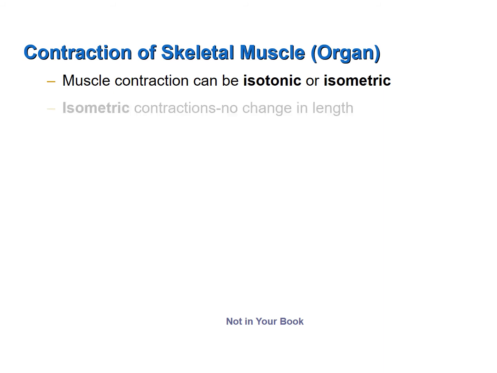Let's first discuss isometric contractions. Iso means same, metric refers to length or measure. So with isometric contractions, there's no change in length.